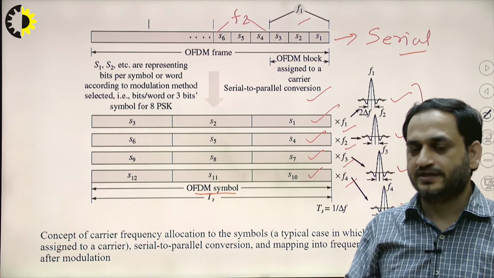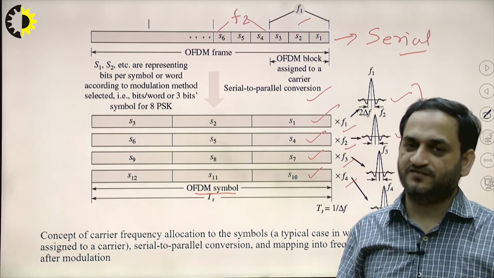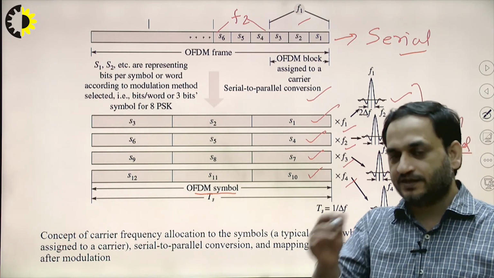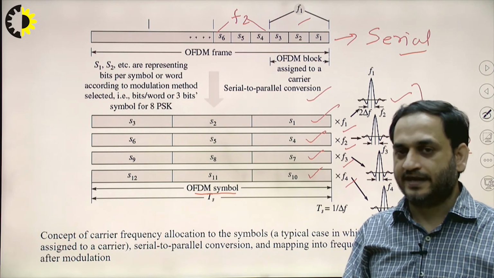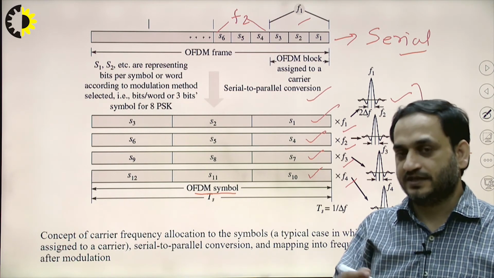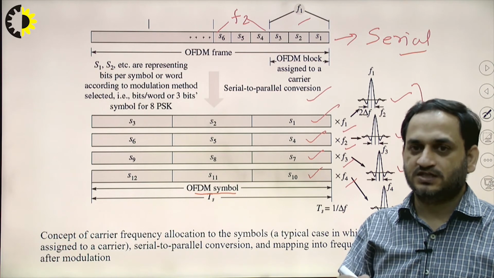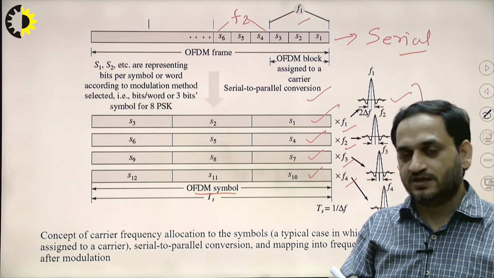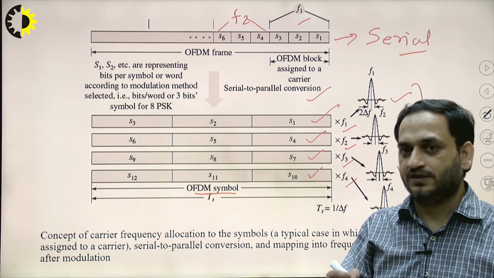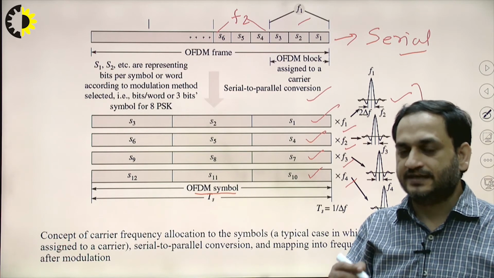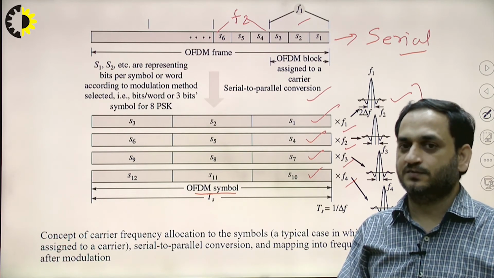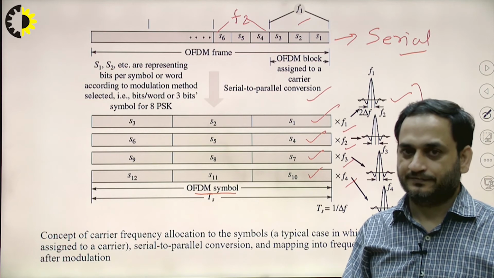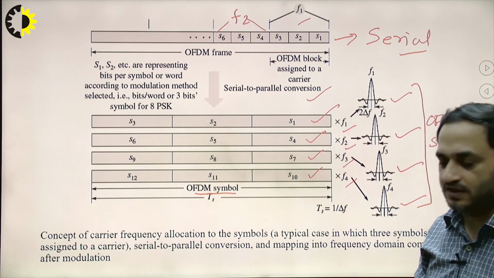To reduce that, we use the concept of OFDM, which converts the wide band into a narrow band system, and in the narrow band system there are low frequency signals. So in this case there will be very little ISI, or the ISI can be mitigated. So this is the concept of the OFDM.